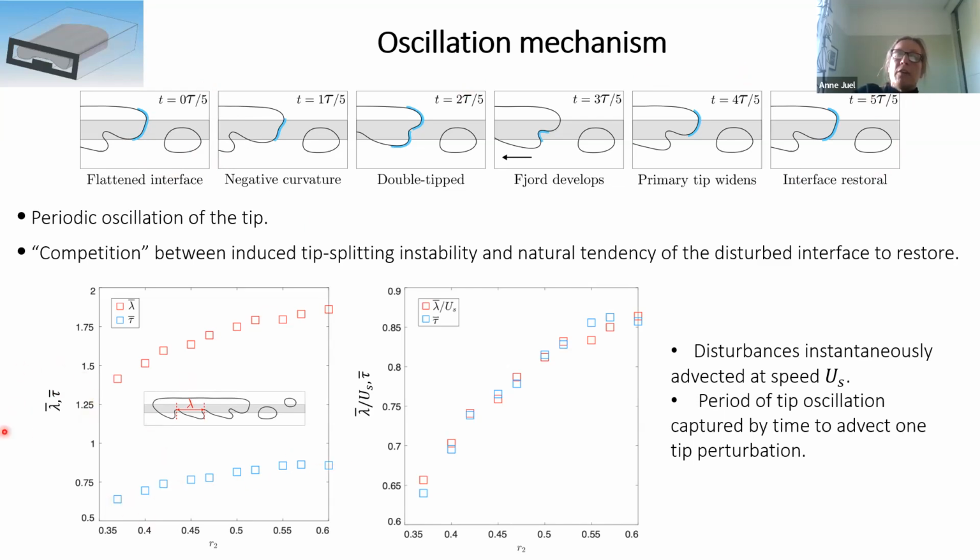So these are suitably non-dimensional quantities. And then you can see that your disturbances are essentially advected at the speed US, so you can measure the advection speed of the perturbation of the tip, and you find that lambda over US and tau are essentially the same quantity.